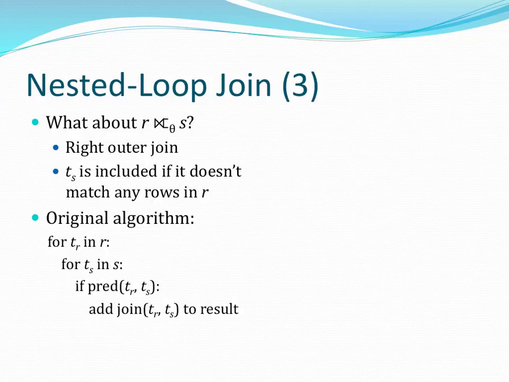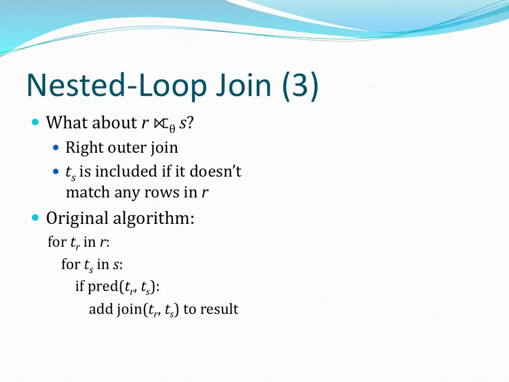What about right outer join? So now we want to include a tuple in S if it doesn't match anything in R. What if we were stuck in this horrible world, in a world where you can't switch the left and right sides of the for loop? So you're saying traverse S in the outer loop and R in the inner loop.